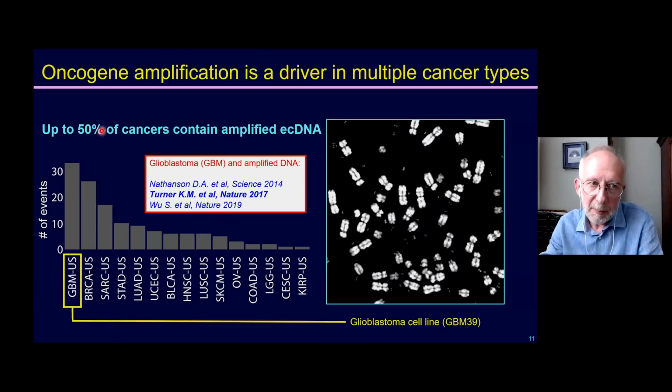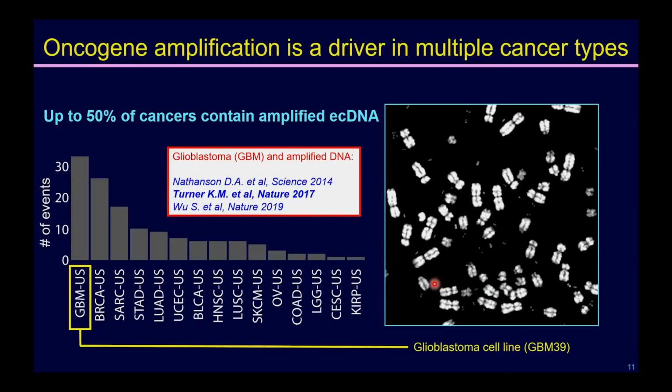Okay, and just over the last two to three years, it's become really clear, again from the work of Paul Mischel and Vineet Bafna, that up to 50% of cancers contain such amplified ecDNA. Here's one such image from a glioblastoma cell line where you see the major chromosomes, but also all these little dots, double dots after DNA replication.